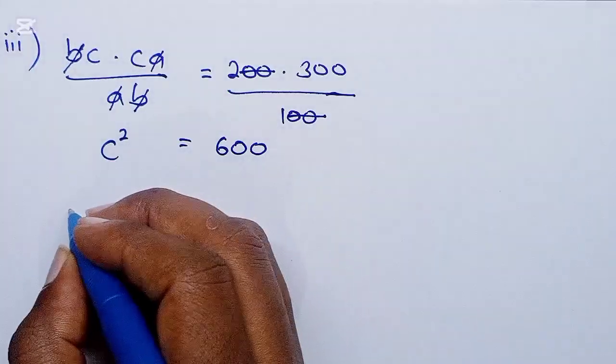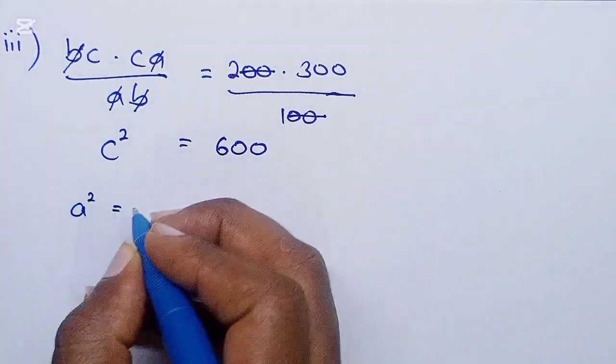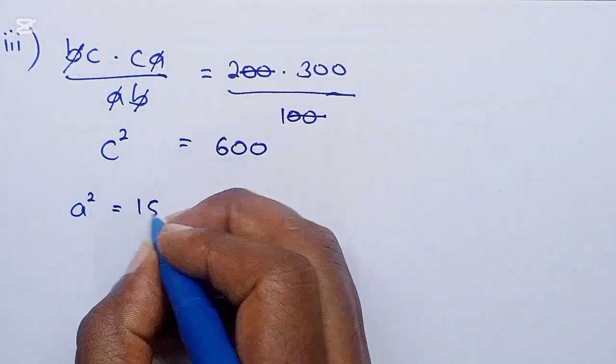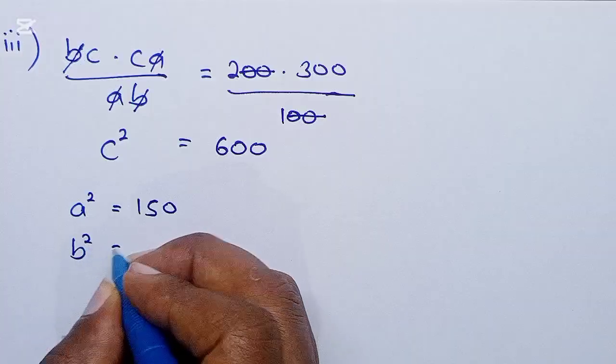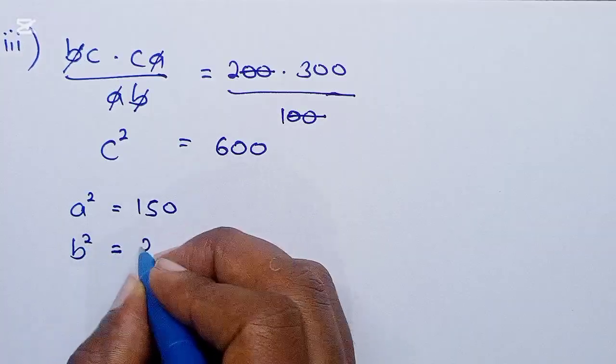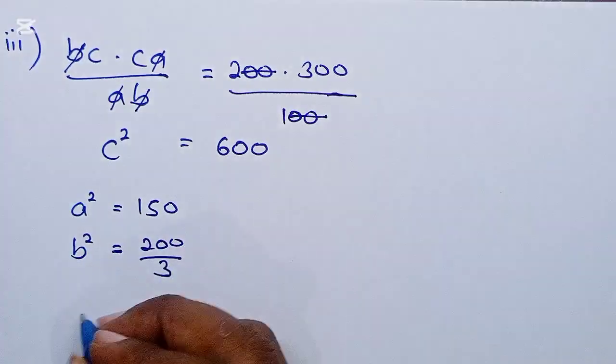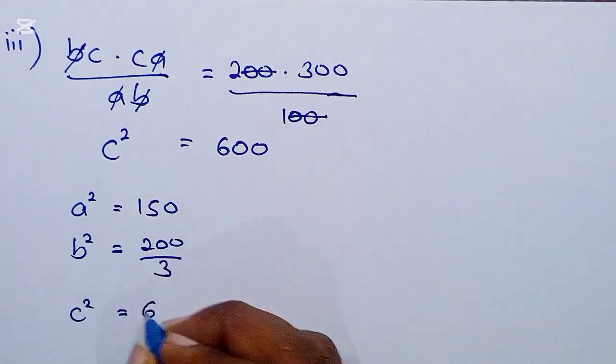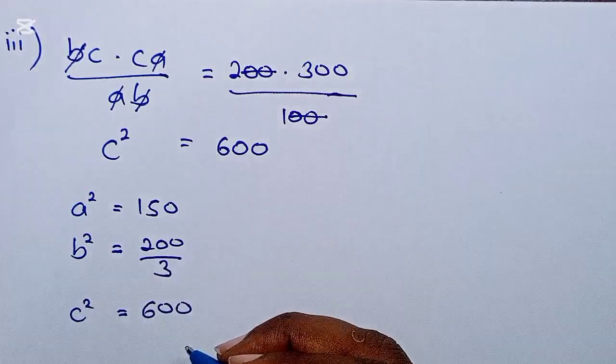So we have the values: A squared is 150, B squared is 200 over 3, and C squared is 600.